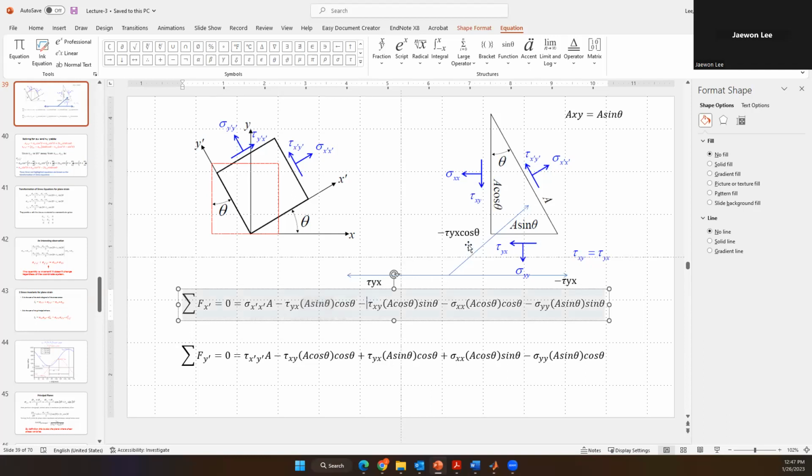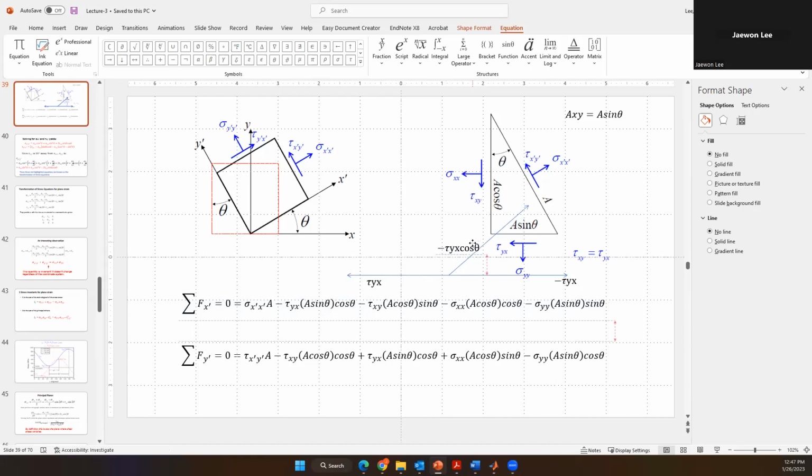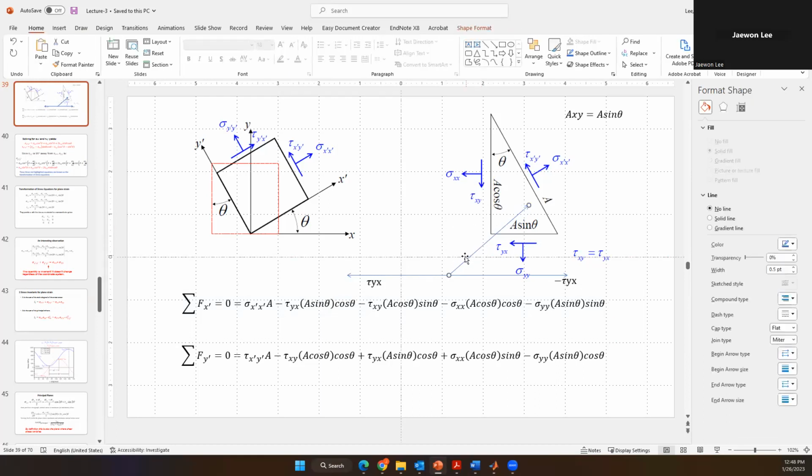Then tau xy. Tau xy is this direction, and we want to see this one, right? So we can change it, it's up to you. If you change the direction like this, you need to use minus tau xy.